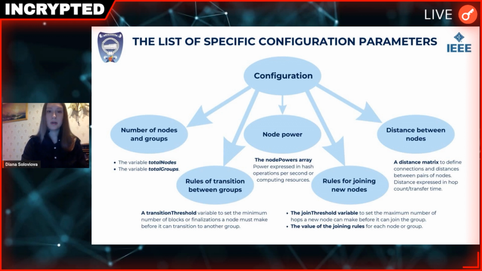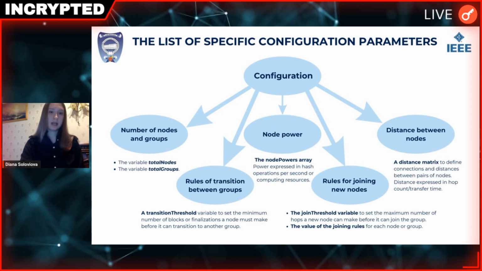Secondly, node power. Power expressed in hash operations per second or computing resources. Then distance between nodes, a distance metric to define connections and distances between pairs of nodes. Distance expressed in hop count or transfer time.